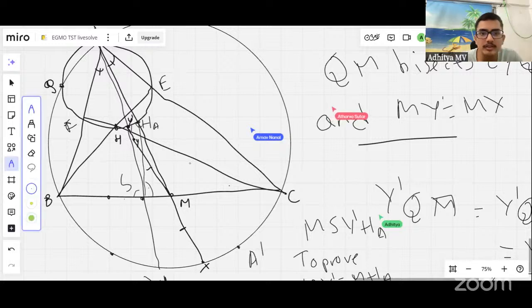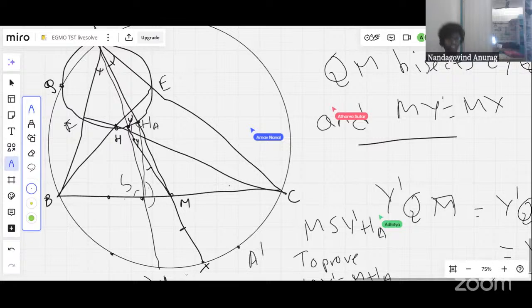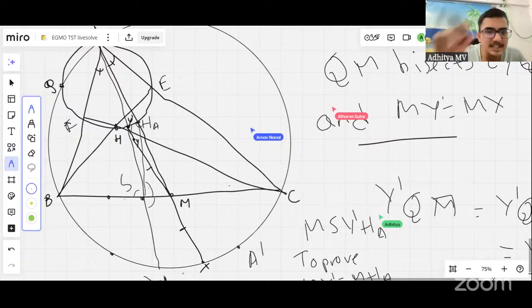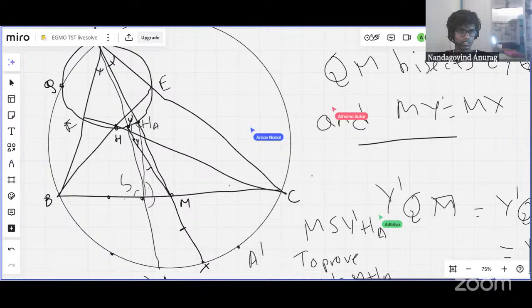So done. Because you're just reflecting. Yeah. ASB, X dash SC is equal to HASC. So SCM bisects Y dash SHA. And because that's cyclic, MY dash equal to MHA is equal to MX. So you're done. Okay, that works too.